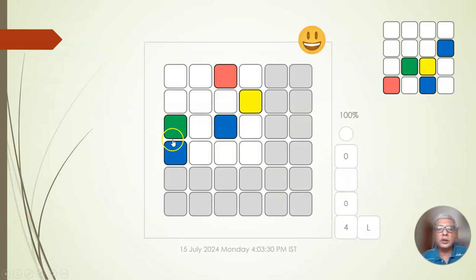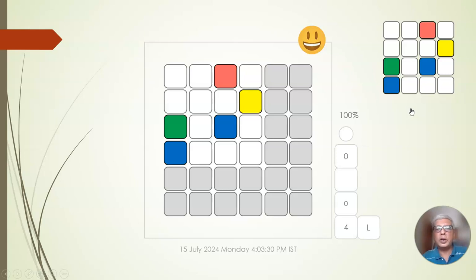And so this is the set: blue, green, red, yellow, 4 colors. There are 16 cells, so there will be 4 red, 4 yellow, 4 blue, 4 green, and I just copy it to my palette, and that goes to my daily status in my mobile. My contacts get it.